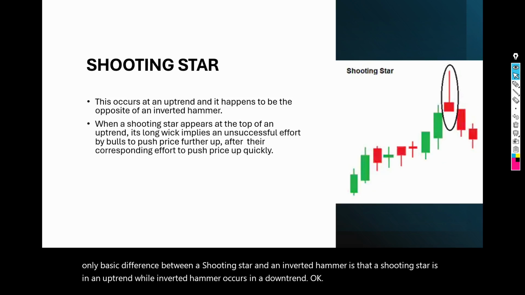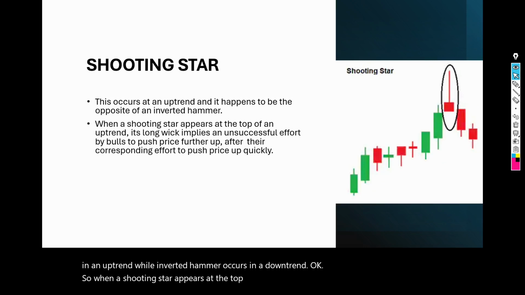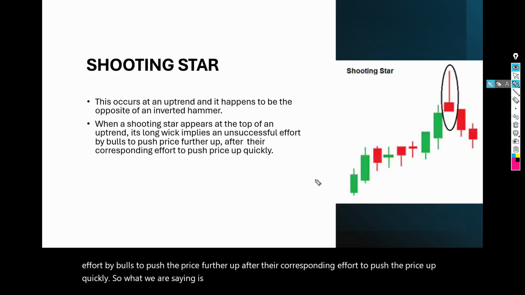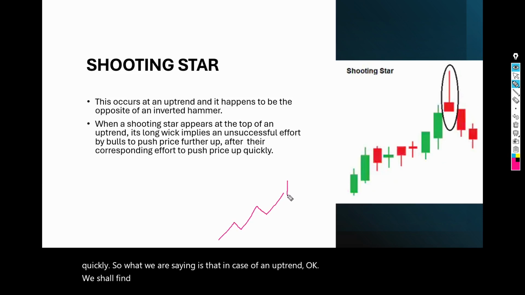So when a shooting star appears at the top of an uptrend, its long wick implies unsuccessful effort by bulls to push the price further up after their corresponding effort to push the price up quickly. So what we are saying is that in case of an uptrend, we shall find that at that uptrend, we are going to form this big bullish candle.